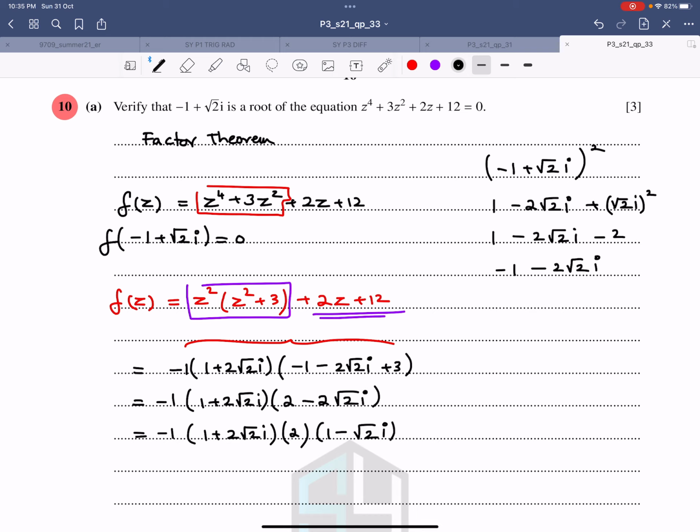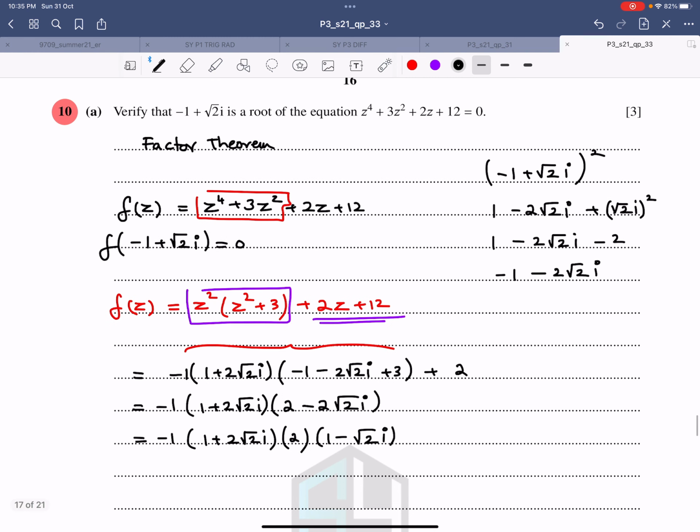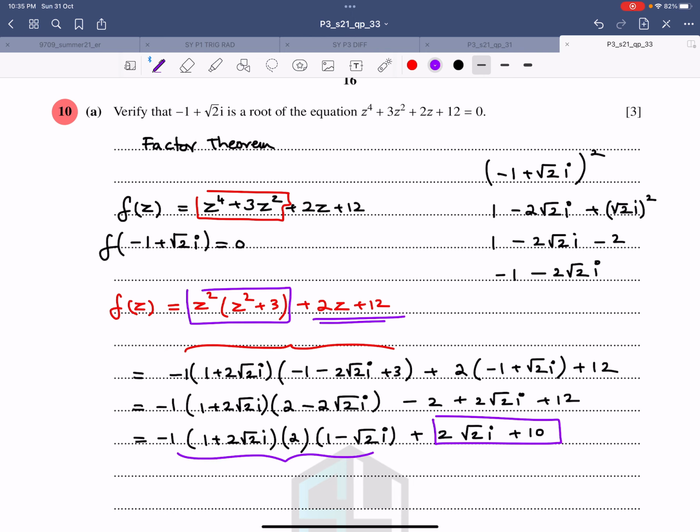And then let me add the further terms. This is 2 times z, which is minus 1 plus root 2i, and this is plus 12. Let me multiply it out. So this is minus 2, and this is plus 2 root 2i, plus 12. Simplify it further. So therefore this is 2 root 2i, and this is plus 10. Now my focus should be on this first part.